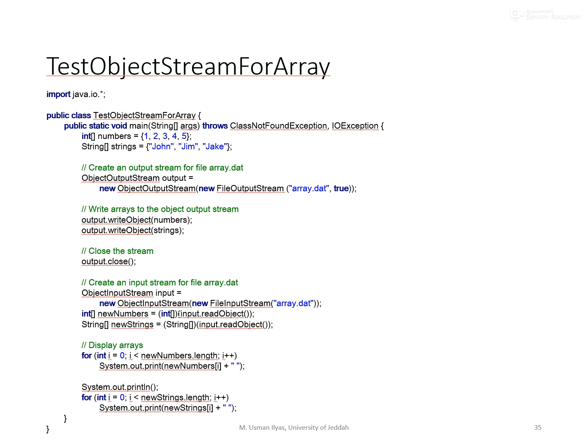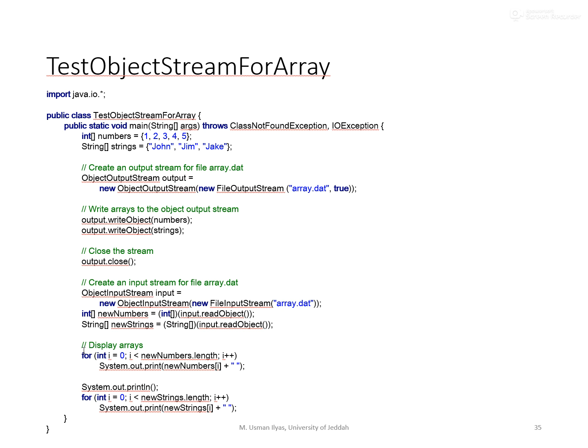And again, we have to do some casting. We have to specify what that whole bunch of bytes means. So we cast this entire object as an integer array. The same thing for the string array in the next line. Create a string array called new strings, cast the return value from the read object method as a string array.